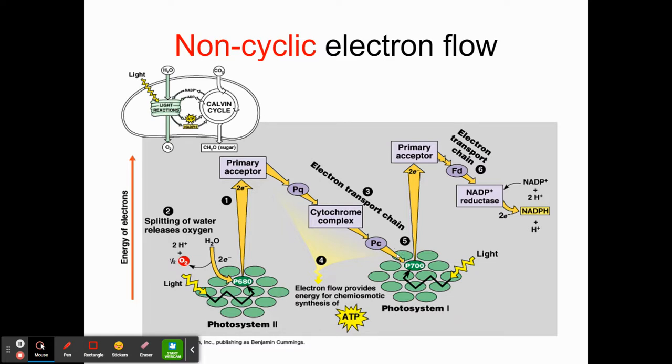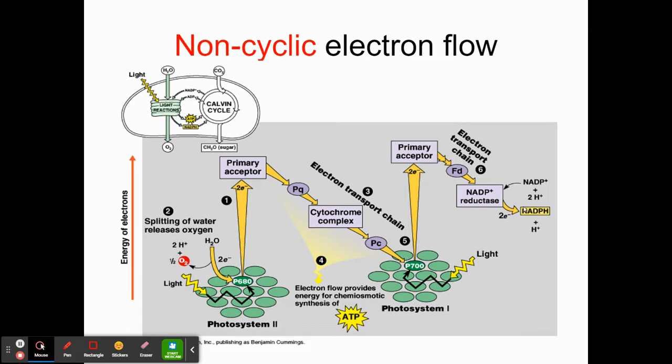So by the time we get to the end of the electron transport chain, the electrons have now been depleted of energy, and they now go into photosystem 1, where once again more light is coming in, boosts them up to a higher energy level, where once again they go down a very short electron transport chain. And instead of being used to pump protons, these 2 high energy electrons are going to be used to reduce NADP to NADPH.